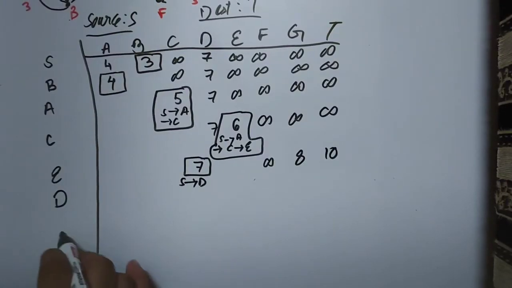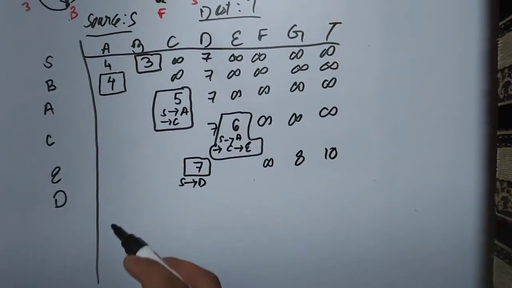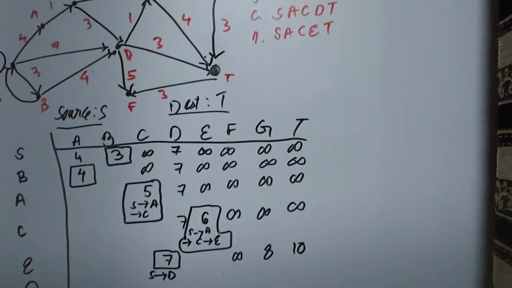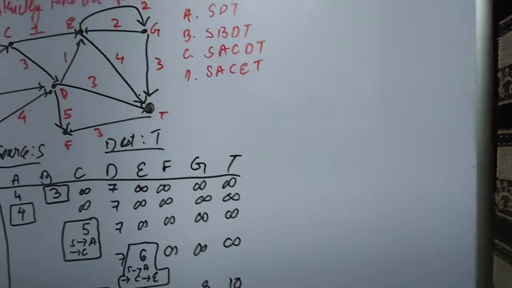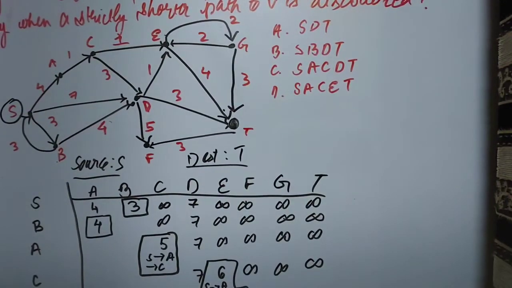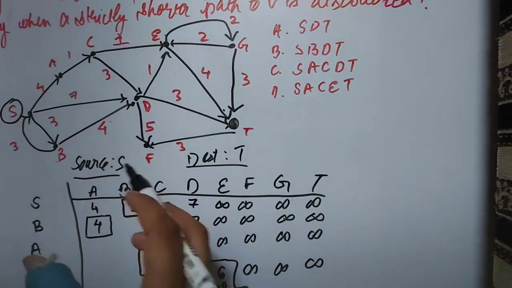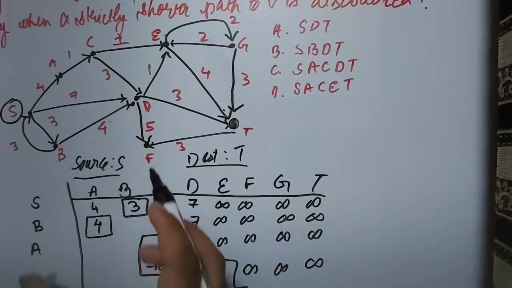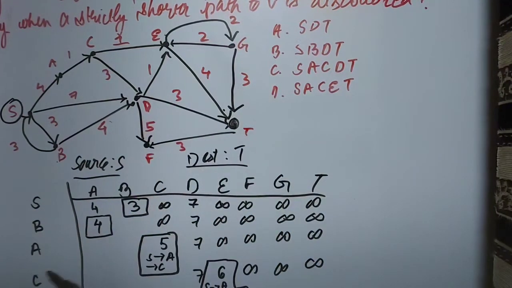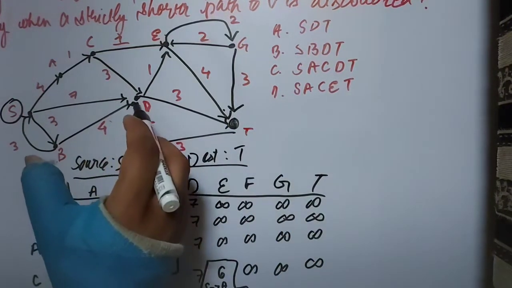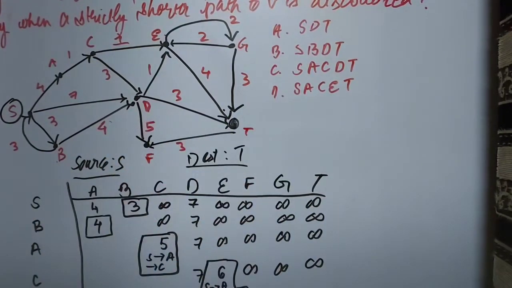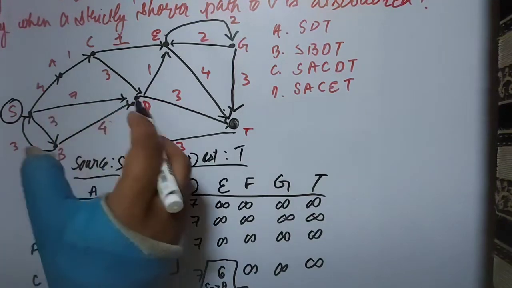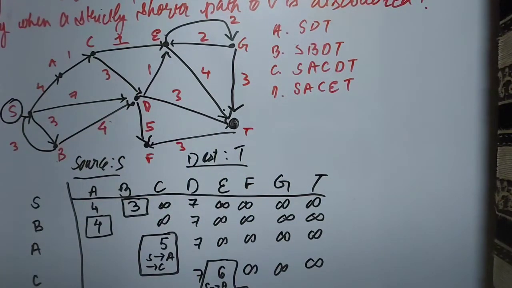So now we will write D here, and from D let's check our graph. From D we could reach T, and its edge weight is 3, and we could reach D in 7. So S to D and D to T is 10.